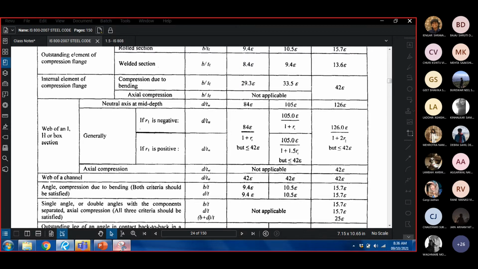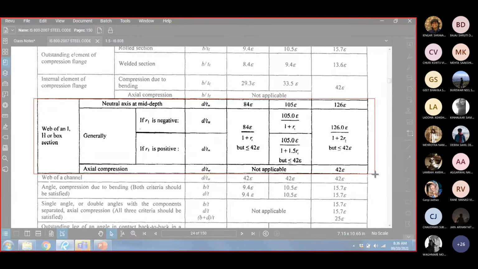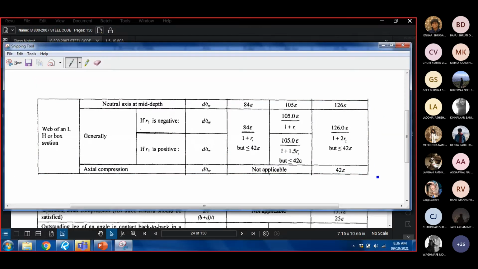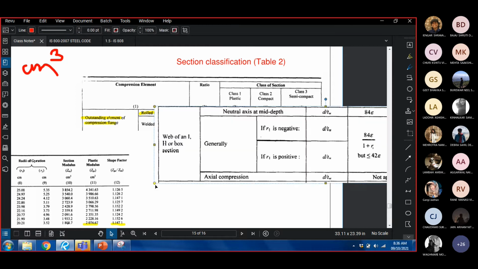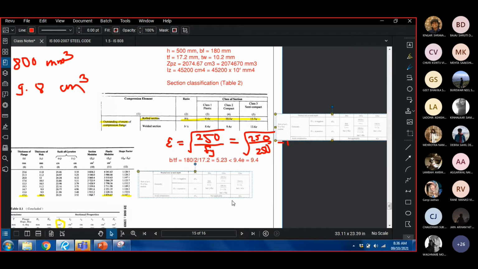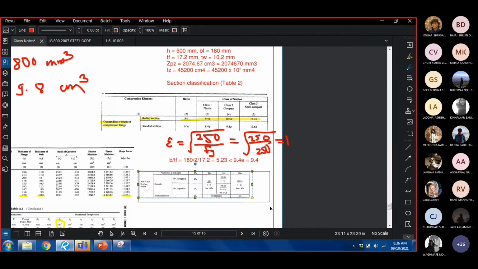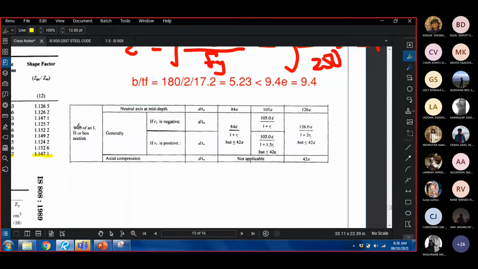Now again, I'll just snip it. So this is a web of an I section.